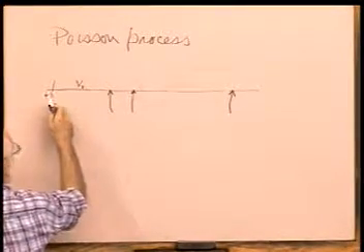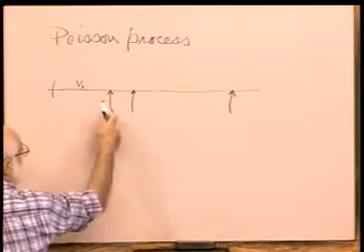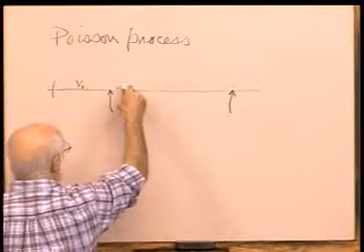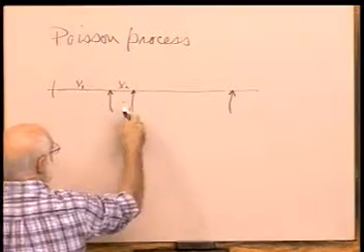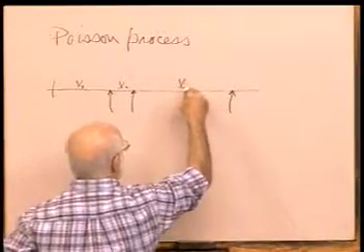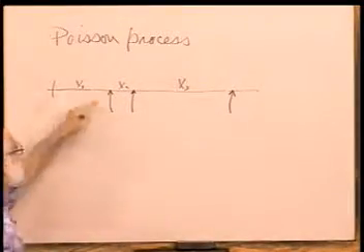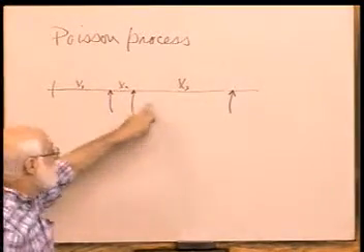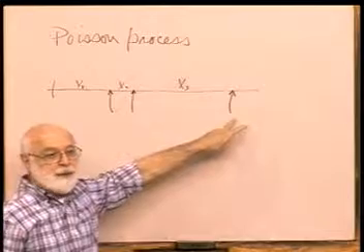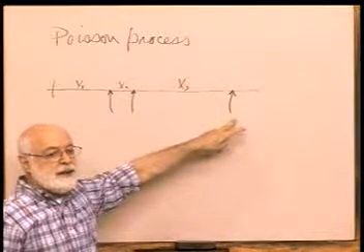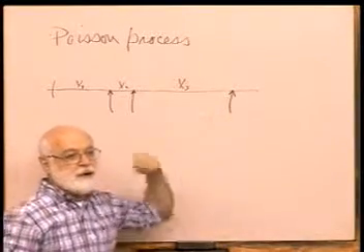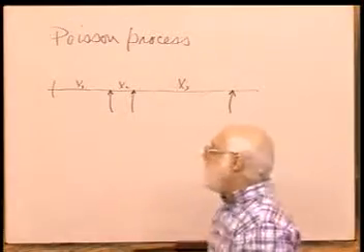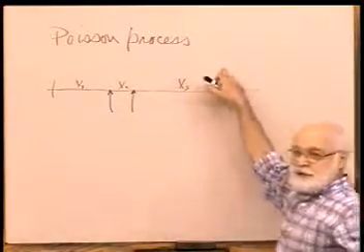That is, x1 is the time between start and the first event. And then x2 would be the time between the first event and the second. And x3 and so forth. So there's a generic random variable here, x, which is the time from an event until the next event. We want to be able to calculate the distribution function or density function of this random variable x.